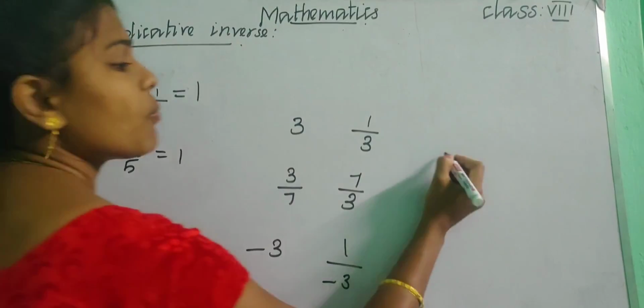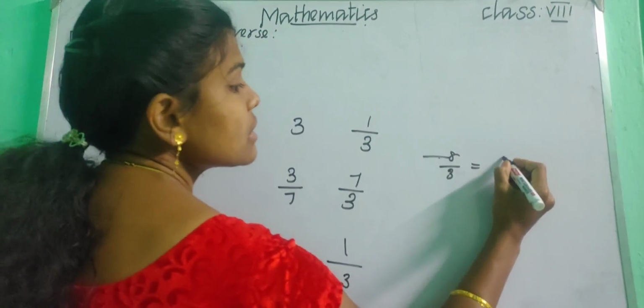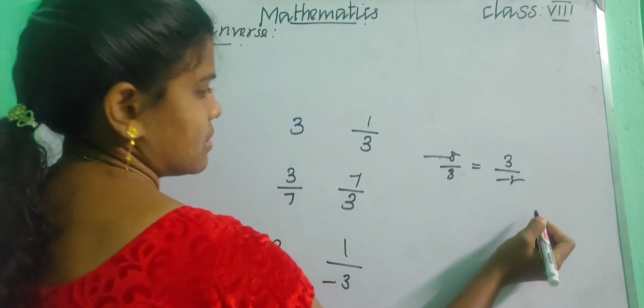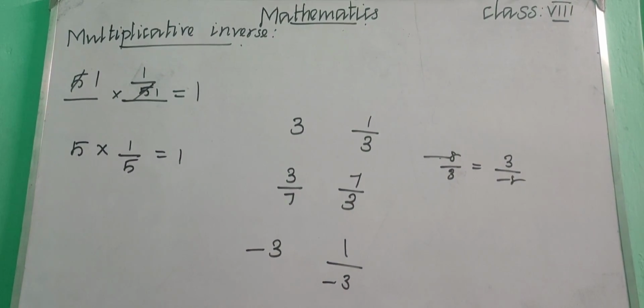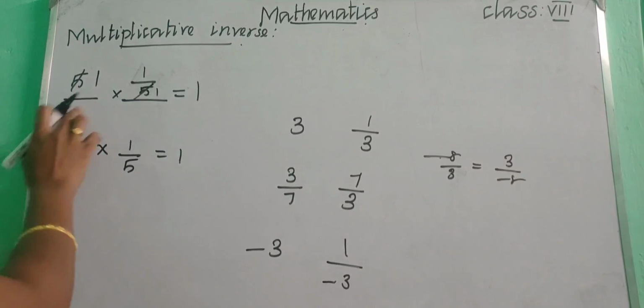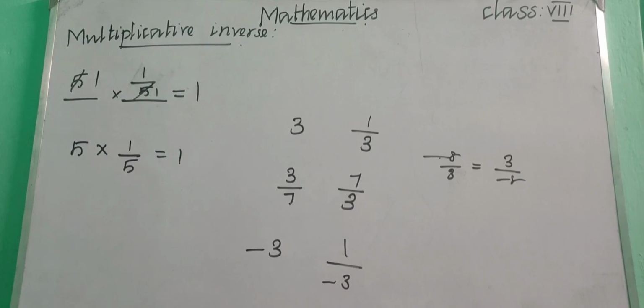Okay, so minus 8 upon 3, so what is the reciprocal of this? 3 upon minus 8. Okay children, so can you all understand? So multiplicative inverse means simply if you are multiplying any two numbers and if you are getting the answer as 1 means those two numbers are the multiplicative inverse. Okay children, can you all understand?